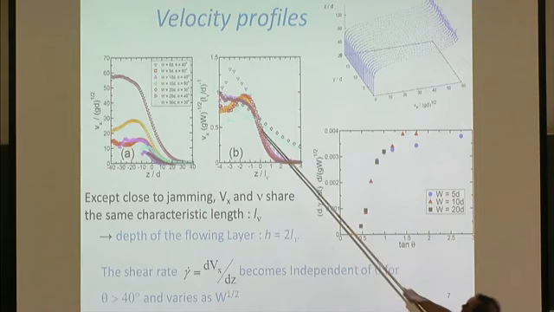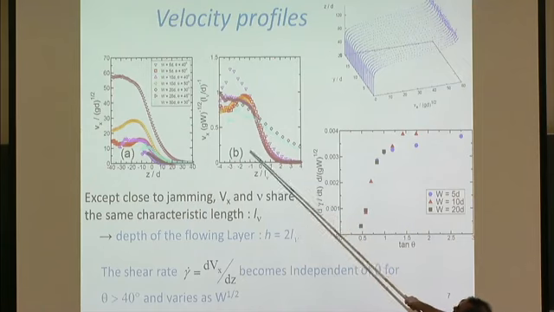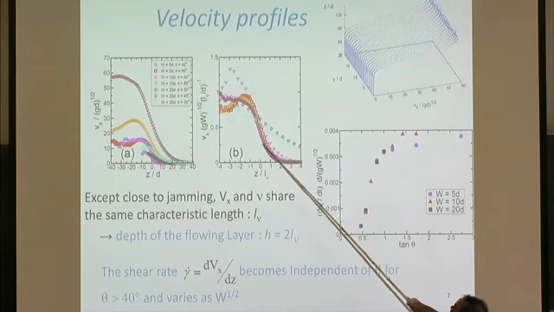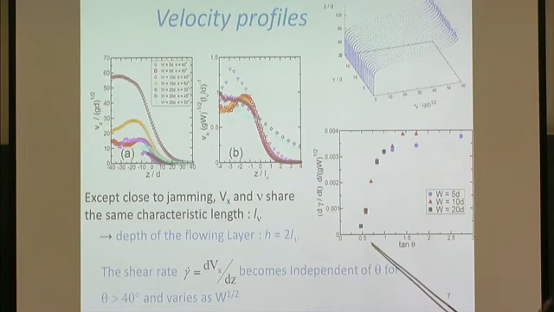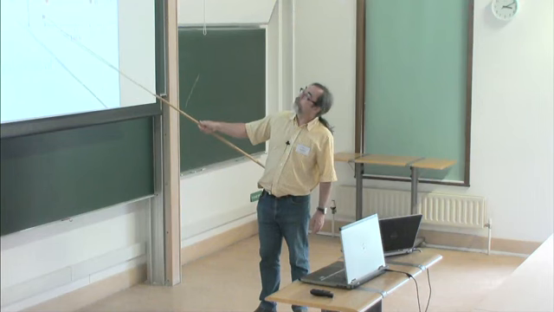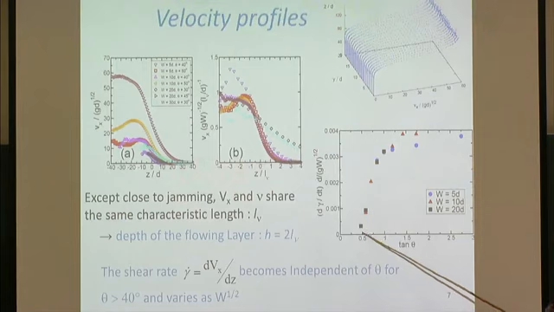If we look at the shear rate, they all have the same shear rates independently of theta, for angles which are large enough. It depends only on W. So if we look at the variation with the angle, the shear rate increases and then it saturates.